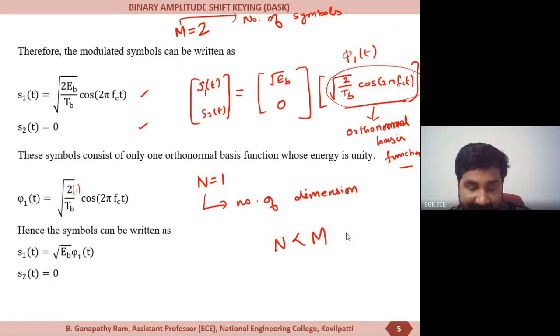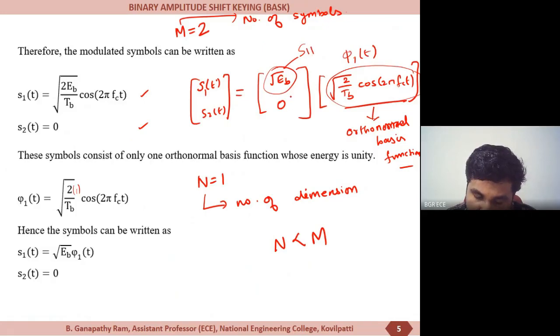So S1 of t can be represented as square root of EB times phi1 of t, and S2 of t is equal to 0 times phi1 of t, which is nothing but 0. Here this will be S11 and this will be S21.